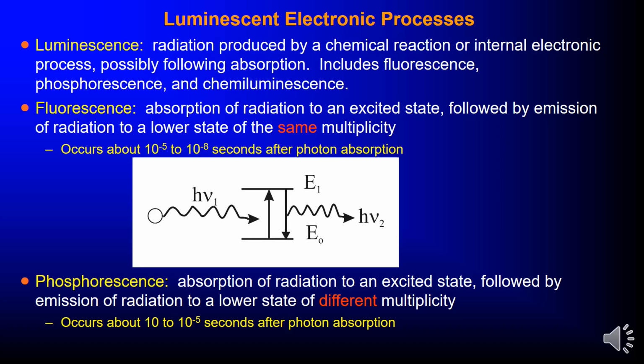And one thing you will realize is that phosphorescence occurs 10 to 10 raised to power 5 seconds after photon absorption, so phosphorescence takes a bit of time to take place.